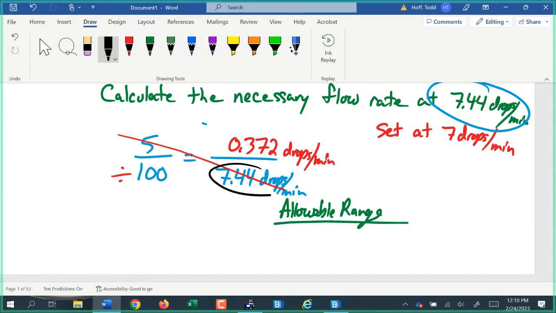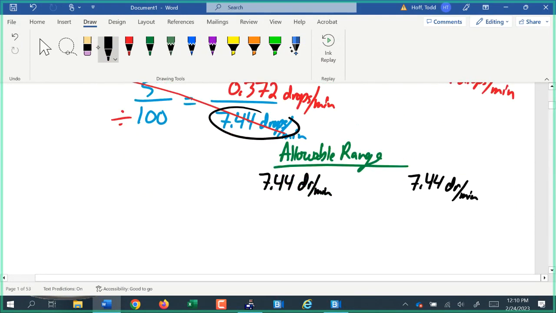would start at our calculated amount of 7.44. And we would, I'm going to replace that. The abbreviation for drops is GTT.